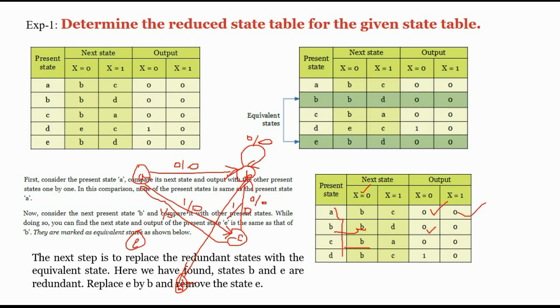And D to B, and D to C. This is the state diagram for the reduced state table.